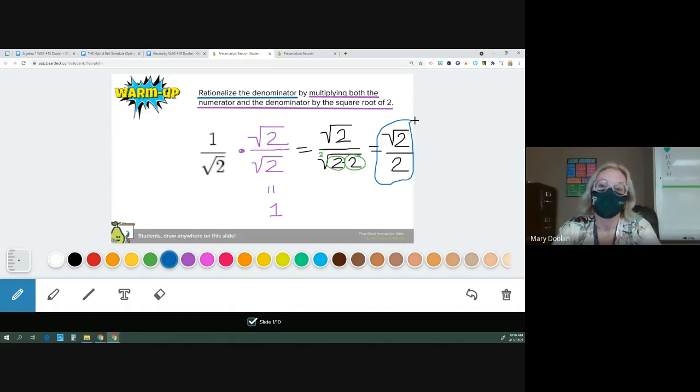So it would depend on what it's asking you to do in the directions. This is just rationalizing the denominator. If it wanted you to round your answer to the nearest tenth or something like that, then you could go ahead and get some decimal answer for this. But otherwise, this is how we want to leave our answer. Good question.